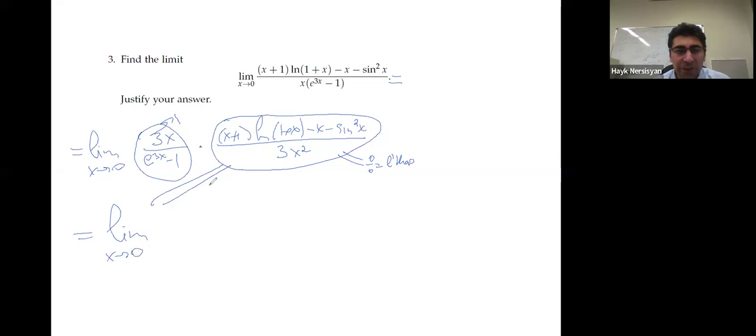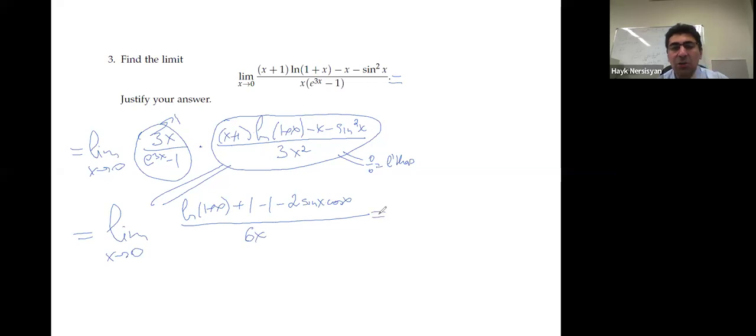So the derivative of the numerator: the derivative of x plus 1 is 1, so we are left with just log(1 plus x). The derivative of log(1 plus x) is 1/(1 plus x), so times x plus 1, we get 1. Minus 1. Minus the derivative of sine squared x gives 2 times sine x times cosine x. And we are dividing this by 6x.